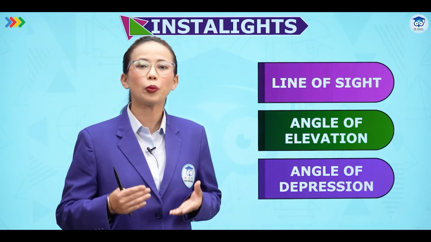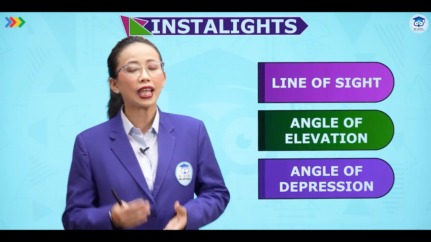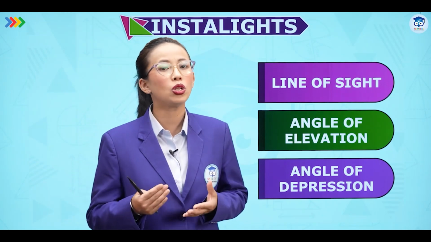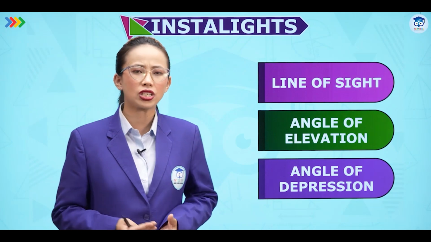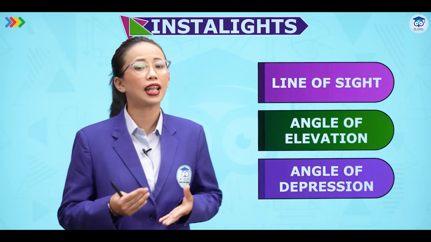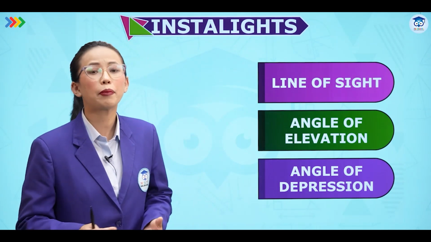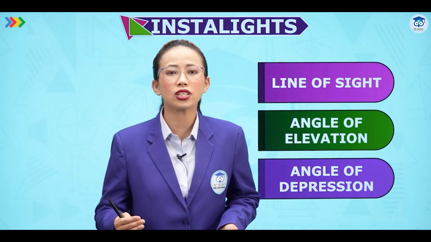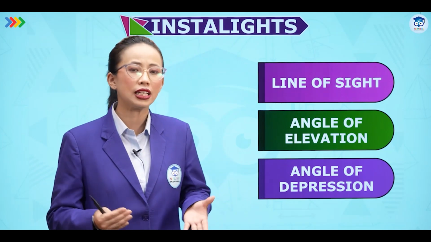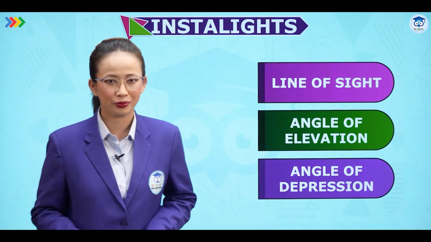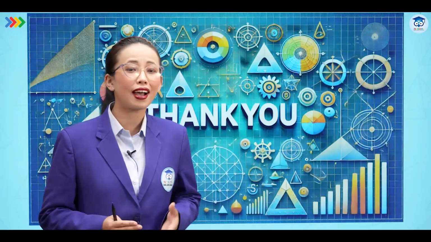And we have the angle of elevation, which is the angle made between the line of sight and the horizontal line when we look up, and the angle of depression is nothing but the angle between the line of sight and the horizontal line when we look down. Okay, we have also seen lot of applications in different fields with the help of trigonometric ratios. So I hope you have thoroughly understood the entire chapter of some application of trigonometry.